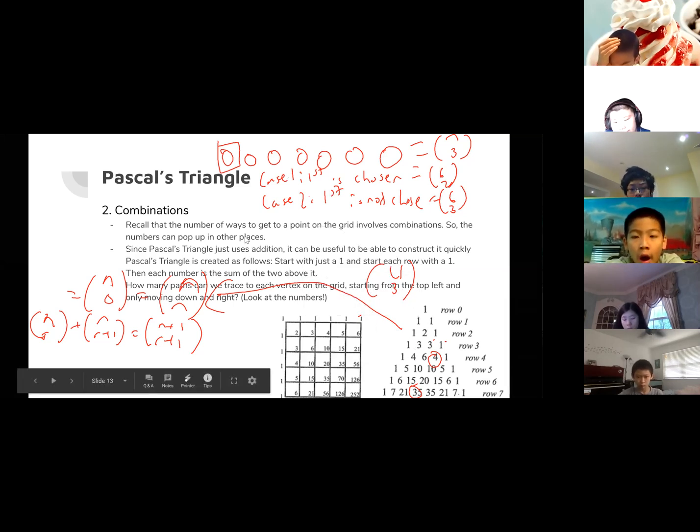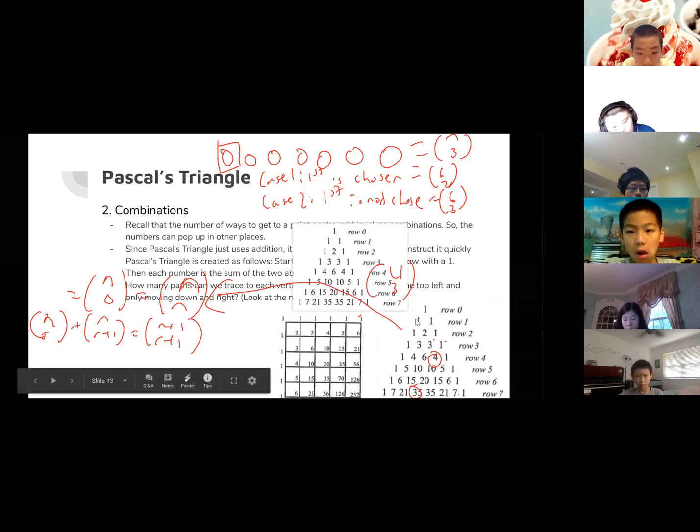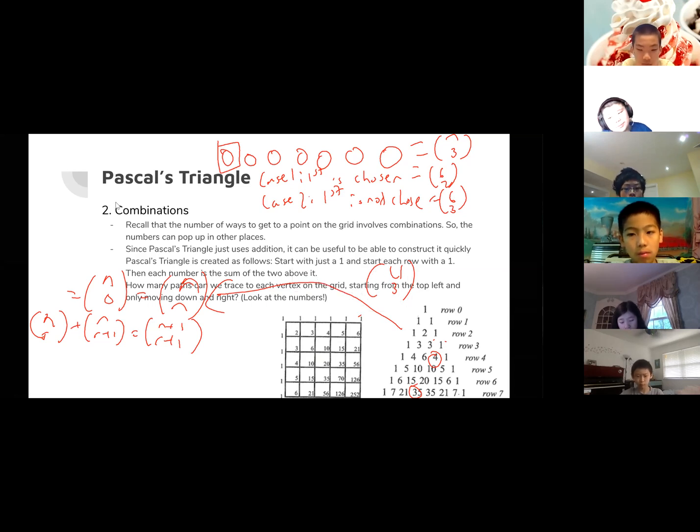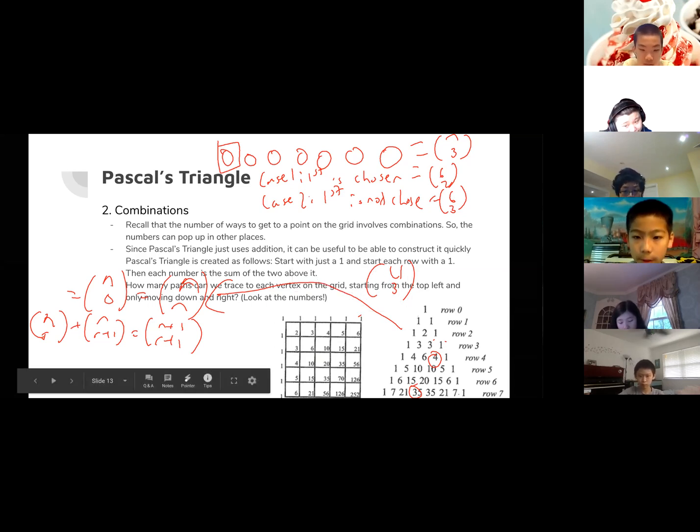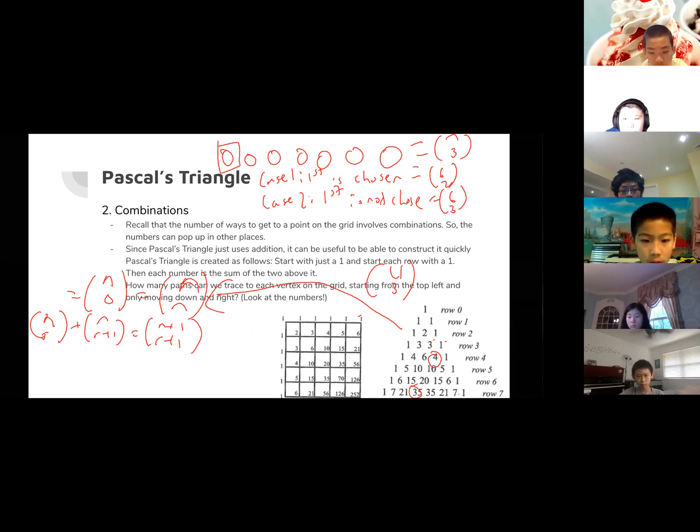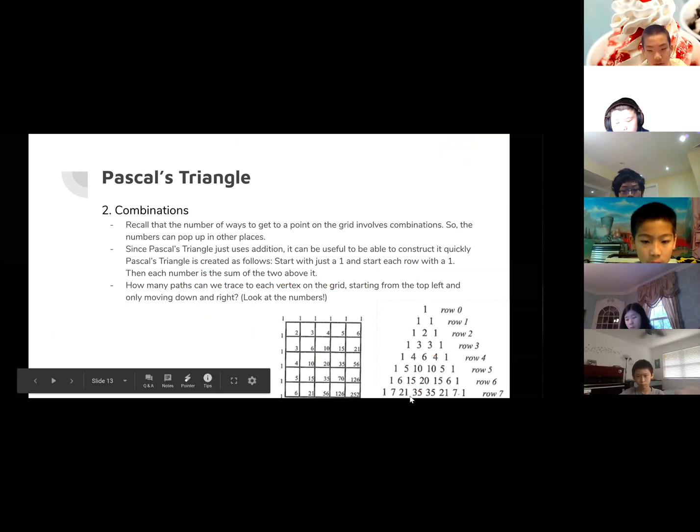Like if you want to calculate 7 choose 2 plus 7 choose 3 plus 7 choose 4 plus 7 choose 5, it's a bit of a pain to actually calculate them by multiplying. But with Pascal's triangle, you just add these down, and there you have it.